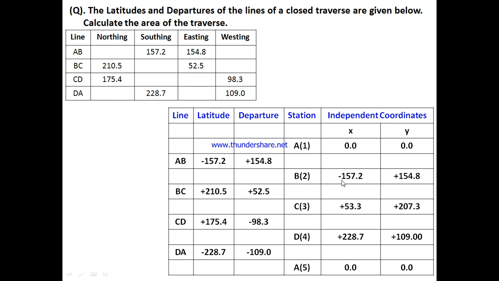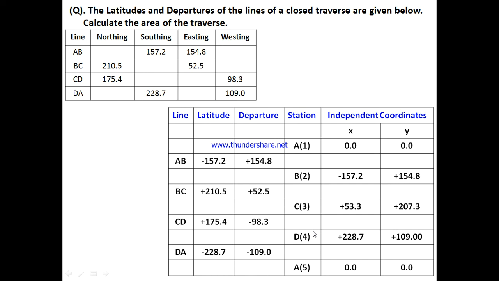So the coordinate of station B will be minus 157.2 and plus 154.8. The coordinate of station C will be equal to minus 157.2 plus 210.5, which will be equal to 53.3, and 154.8 plus 52.5, which will be equal to plus 207.3.